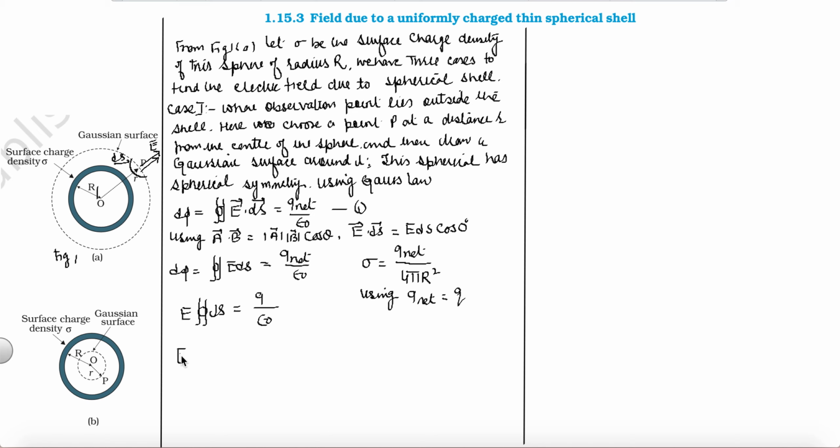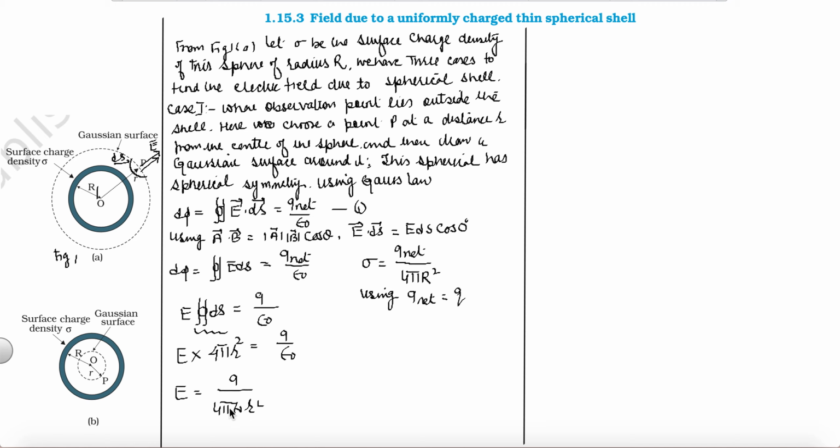Adding the small surfaces gives the total Gaussian surface area, 4 pi r square. So E times 4 pi r square is q by epsilon 0, and the electric field is q upon 4 pi epsilon 0 r square.